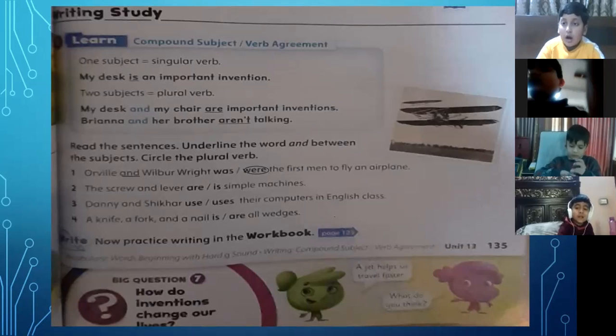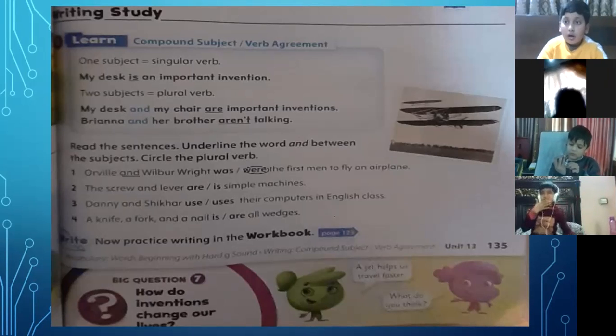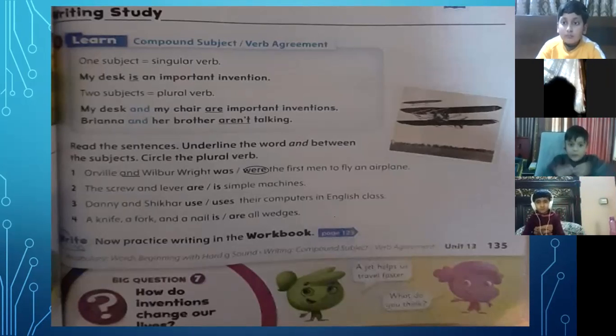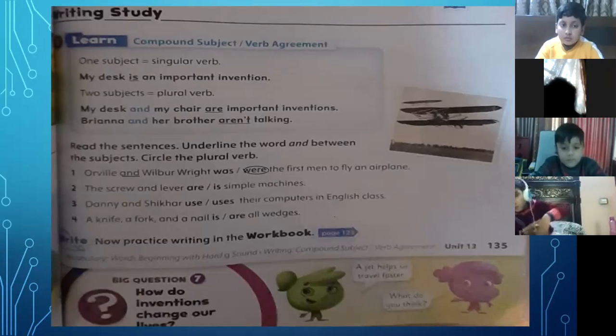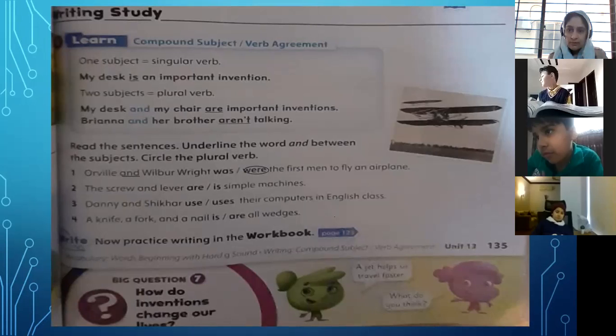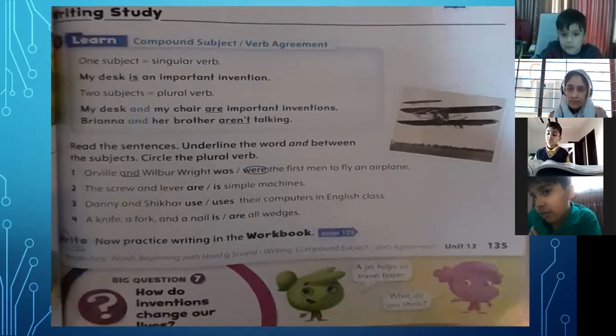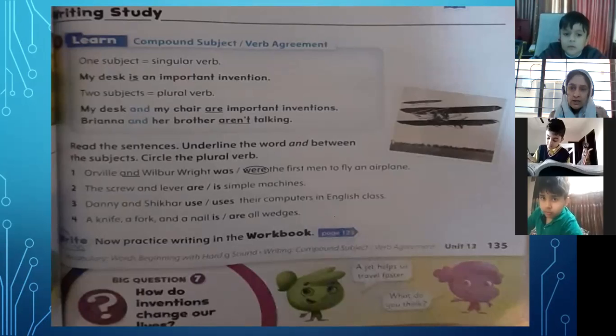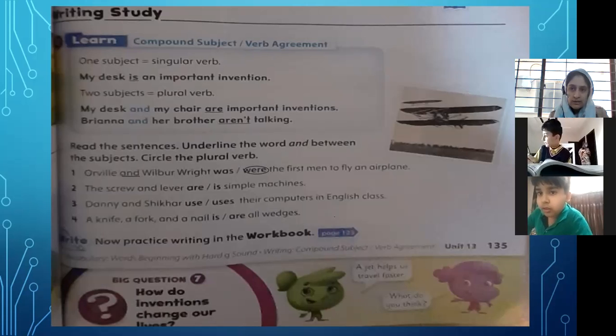You will say is. Are you sure? Screw and lever are plural subjects here. So you would say the screw and lever are simple machines, not is simple machines. Okay?